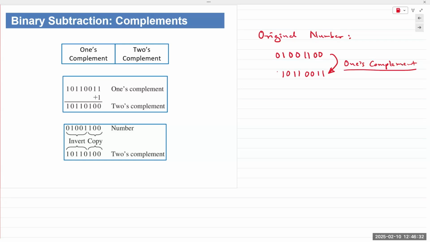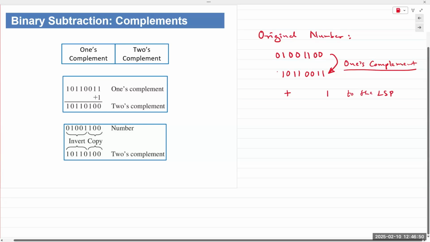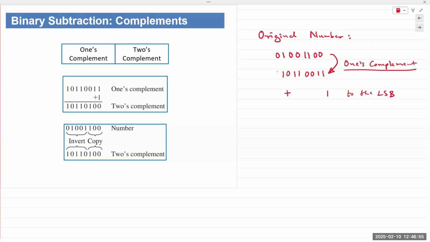Now, twos complement simply means you add 1 to the least significant bit. If you add plus 1 to the least significant bit, what would you get? 1 plus 1 is 0, and carry would be 1.